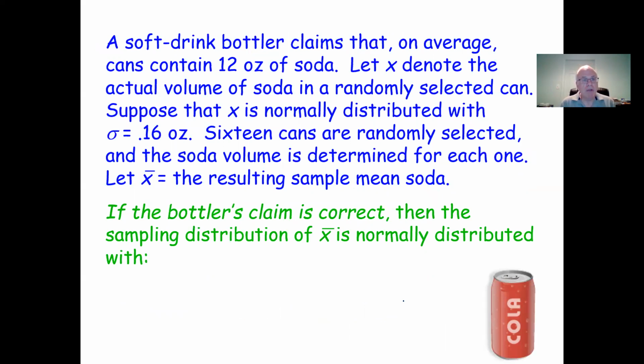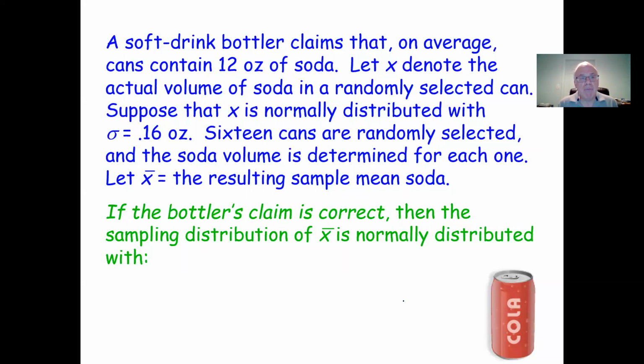So here's another example. A soft drink bottler claims that on average, cans contain 12 ounces of soda. As you probably know, this is a manufacturing process, right? When you make soda, even though it says there's 12 ounces of soda in there, there could be slightly less, slightly more than 12 ounces in there.